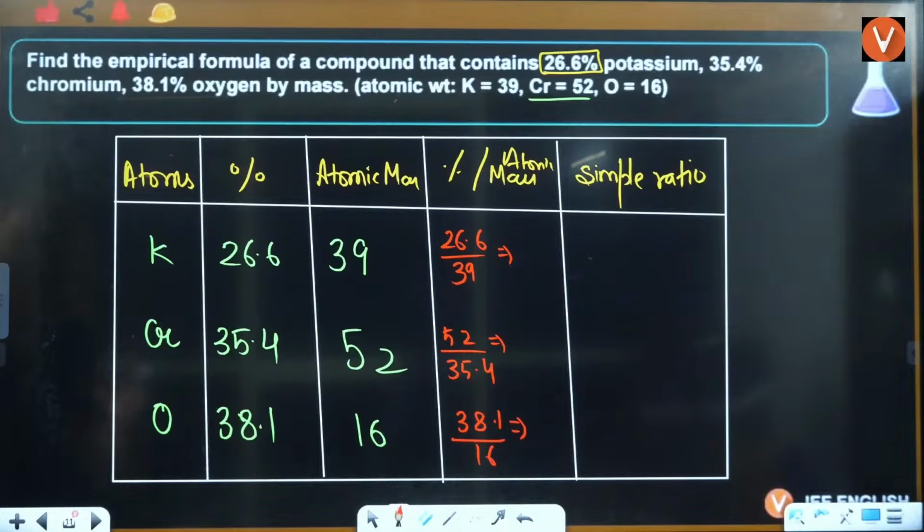Just wait a minute. Just give me a minute. You also calculate, I'll also calculate this.